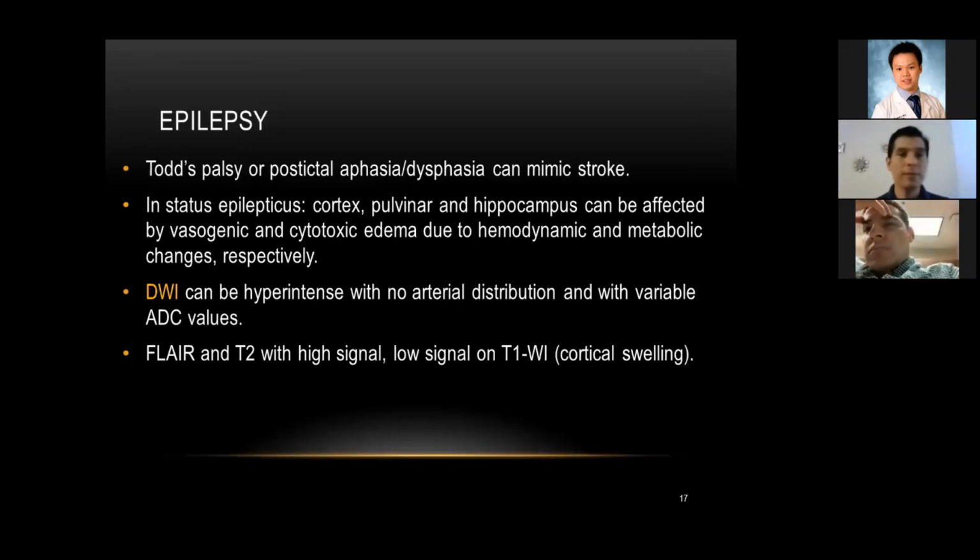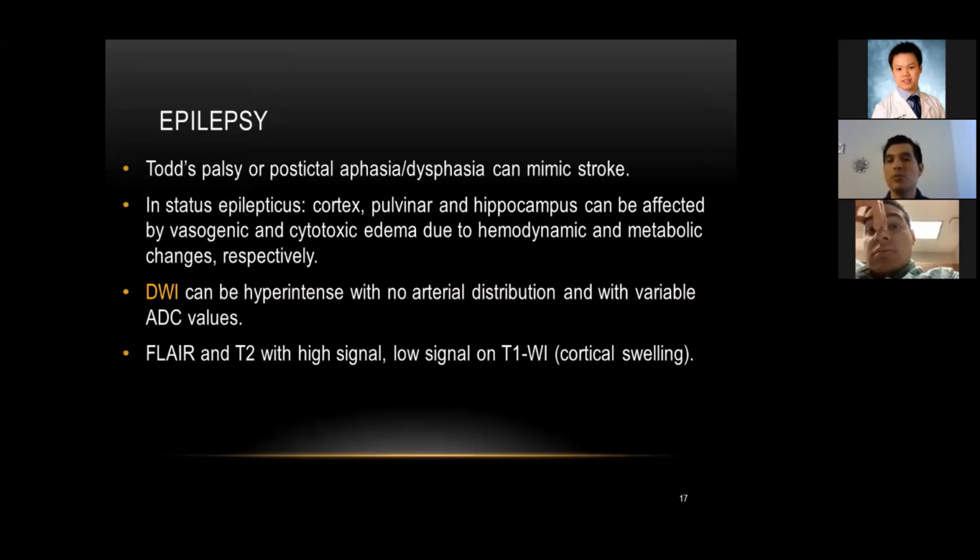In case of epilepsy, when we have Todd's palsy or postictal aphasia, it can mimic stroke. In status, this is especially true because you can find damage in cortex, pulvinar and hippocampus, and it could be related to vasogenic edema and cytotoxic edema.